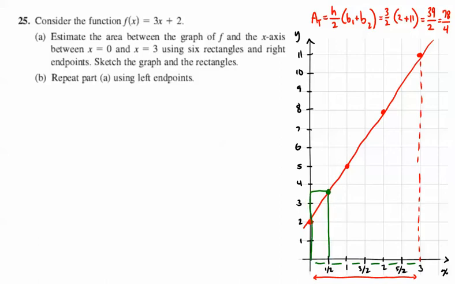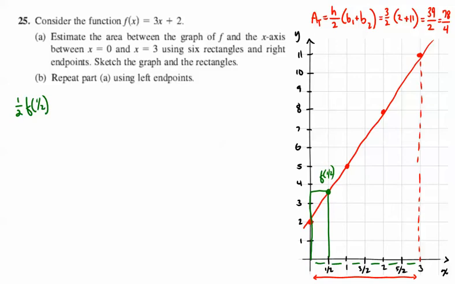Now, what will the area of that be? The area of that will be a base of 1/2 times whatever f of 1/2 is. So the height is the height of the curve when x is equal to 1/2. So this would be f of 1/2 right there.